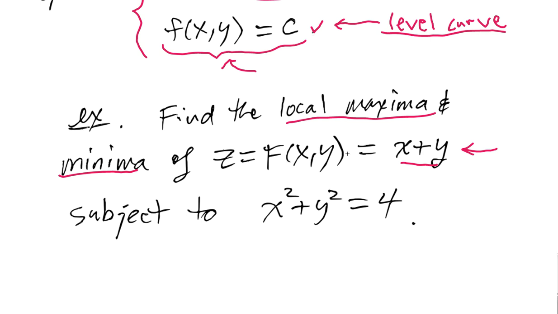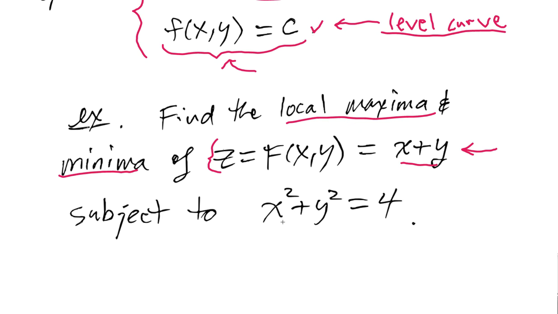Without being subject to a condition, there are no high or low points on this thing. That's a plane, and it's certainly not a horizontal plane. You could easily find a normal to that plane, about 1, 1, negative 1. That's not going to have any maxima or minima points with regard to z at all.